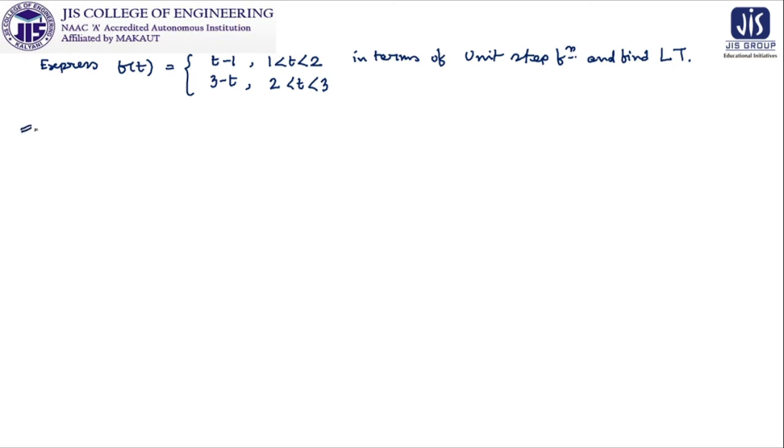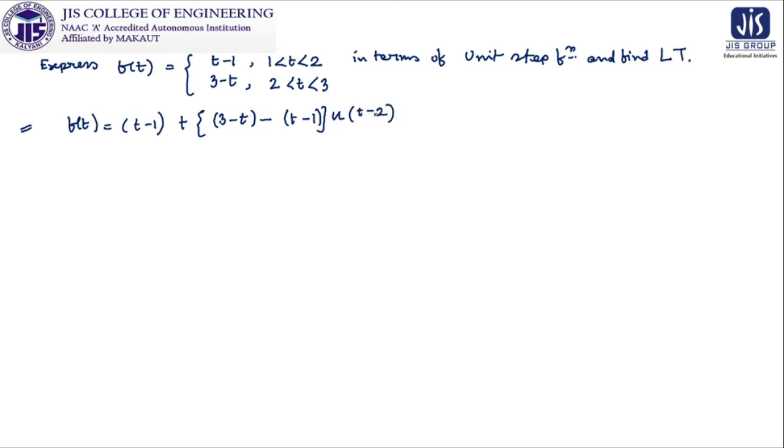Now look at this. Already we have learned that if we have a function expressed in two-liners, we can express this function f(t) in a single line with the help of unit step function, that is f1(t), so here it is t minus 1, plus (f2(t) minus f1(t)) into u(t minus a). Here a is 2, so we can see that u(t minus 2).